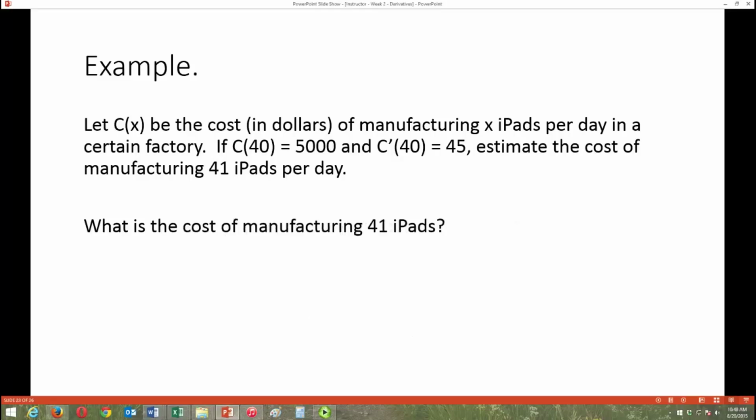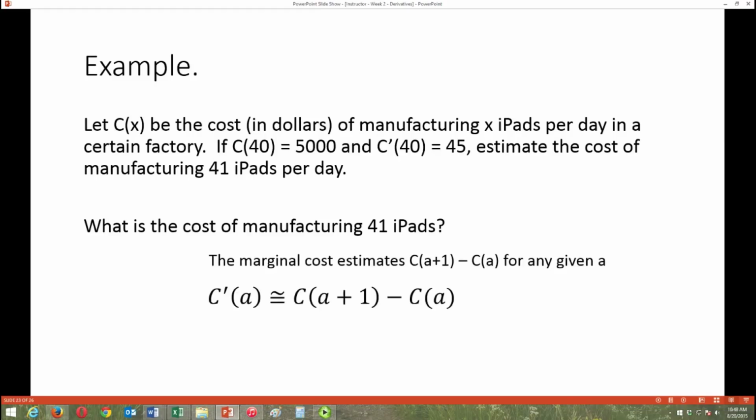Let's continue this problem. What is the cost of manufacturing 41 iPads? The marginal cost estimates C of a plus 1 minus C of a for any given a. We know our formula C prime of a is approximately equal to C of a plus 1 minus C of a. In this case, a equals 40, so we get C prime of 40 equals C of 41 minus C of 40.